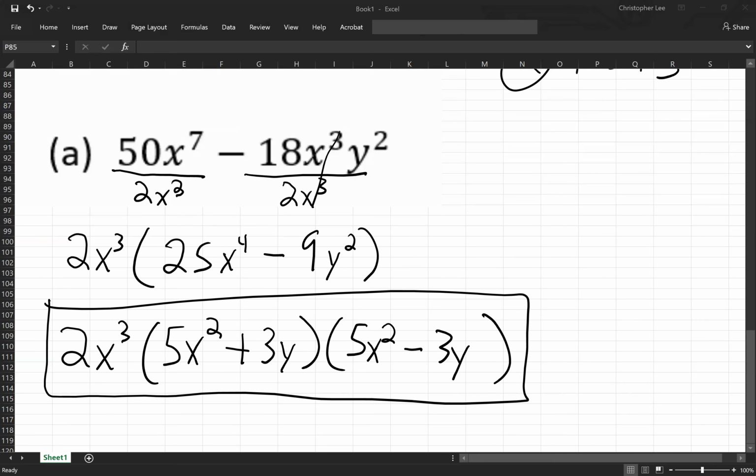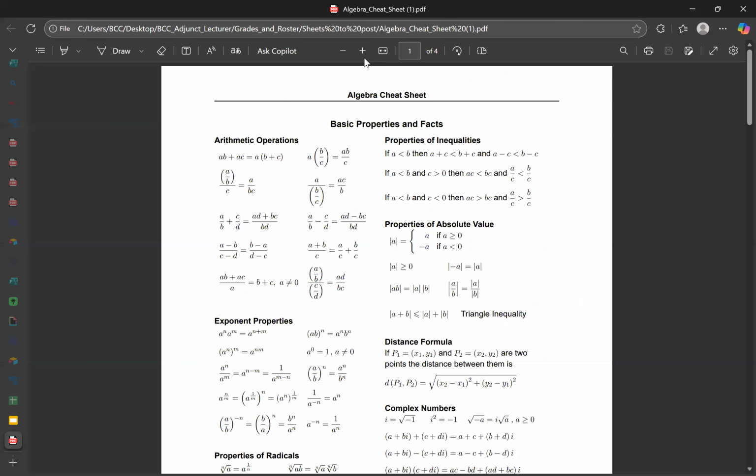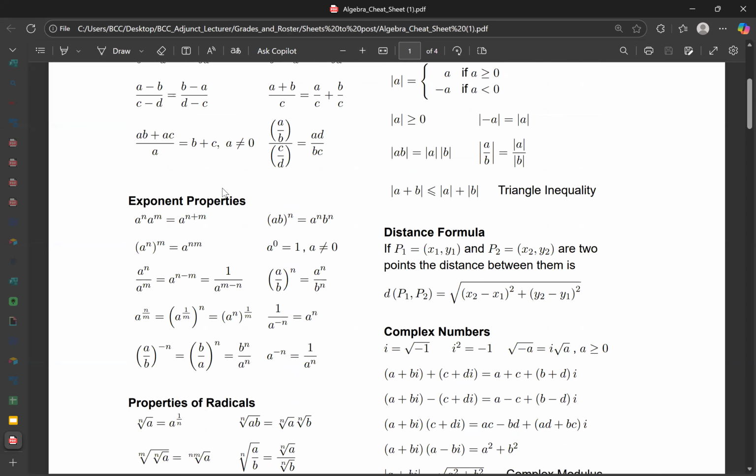Excuse me, sorry about that. Just want to point out something, right? Those of you making reference to the formula sheet right here. When we were dividing our exponents, we have our exponent rules here that you can always reference if need be.